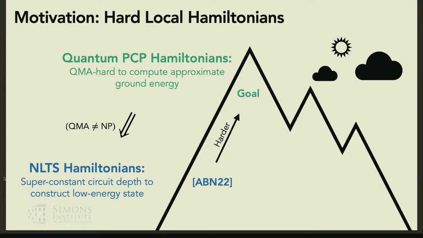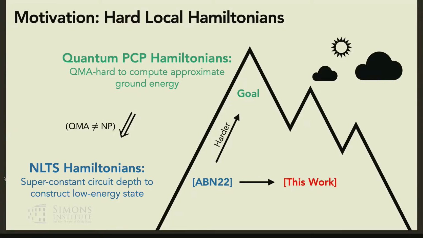Ideally, we'd take these NLTS Hamiltonians and slowly make them, or maybe quickly, but somehow make them harder to get to our goal of quantum PCP Hamiltonians. This seems like a promising direction, but what I'll describe in this talk is something that's not quite in this direction. It's something going sideways. I'm going to tell you how we can get NLTS Hamiltonians from some restricted or relaxed assumptions on the codes.